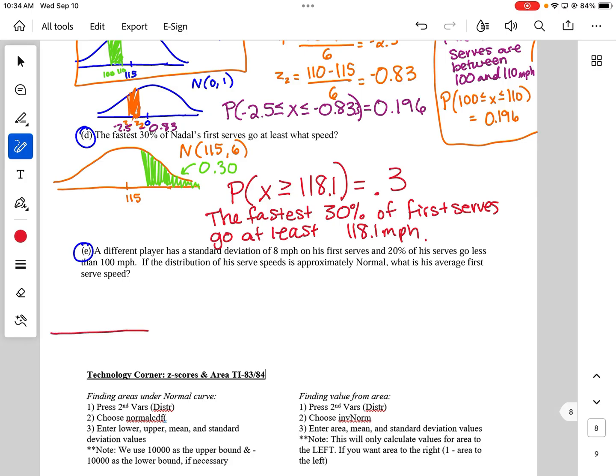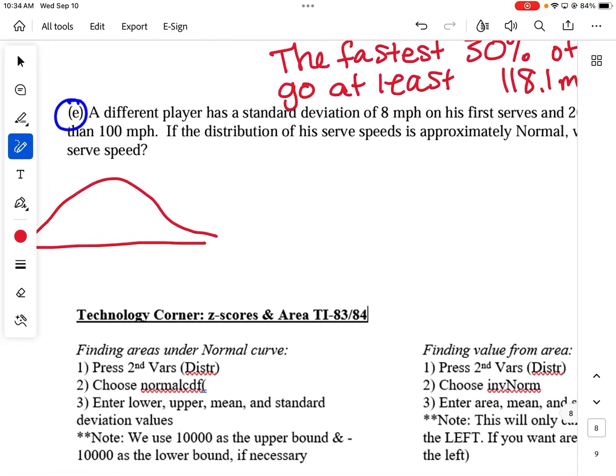So with these word problems, draw your normal distribution. And so it's a totally different player. What do we know? We know it's normal. What else do we know? Standard deviation is 8, but we don't know the mean. So I'm going to do it like this.